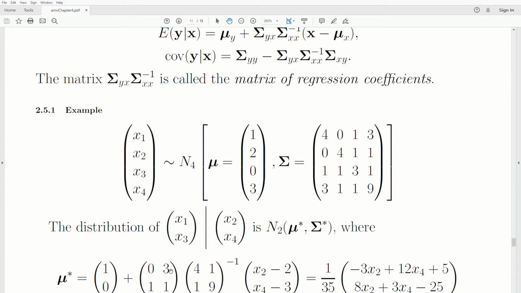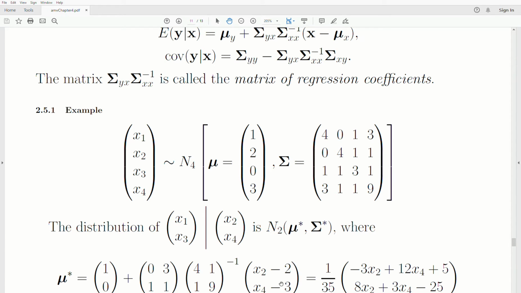This is the covariance between 1 and 4, which is 3. The covariance of 3 and 2, and this is the covariance of 3 and 4. So that's how you pick them apart. And x you just leave as x2, x4, because that's what we're conditioning on. And the mean of x is 2 and 3.